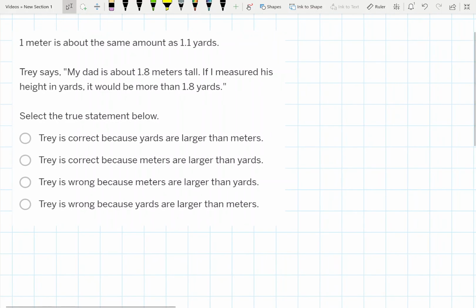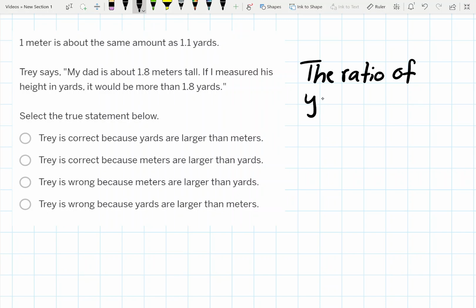So when it says 1 meter is about the same amount as 1.1 yards, that means the ratio of yards to meters is 1.1 to 1.